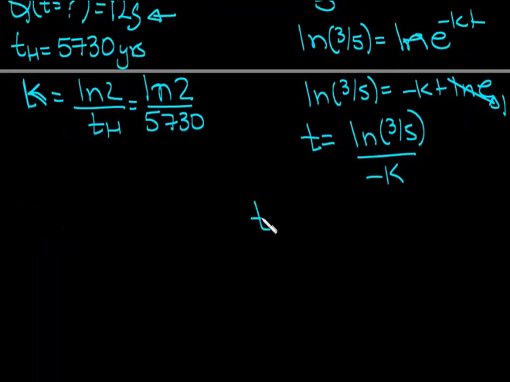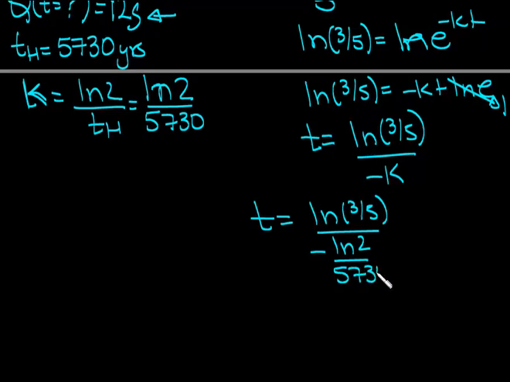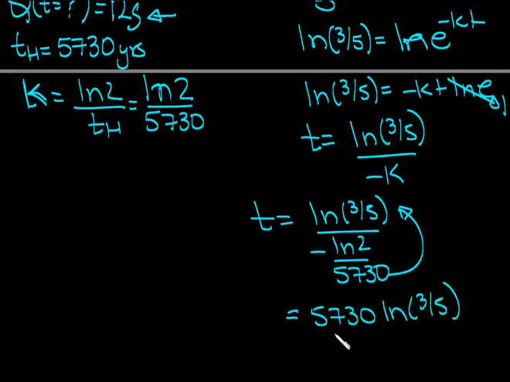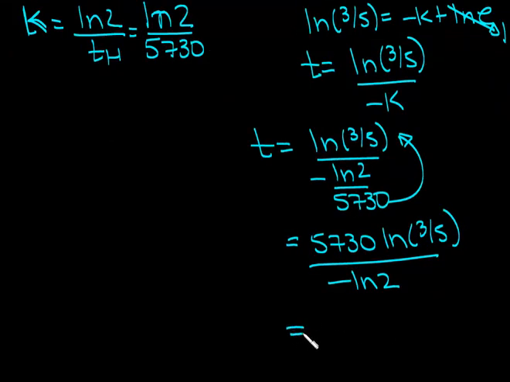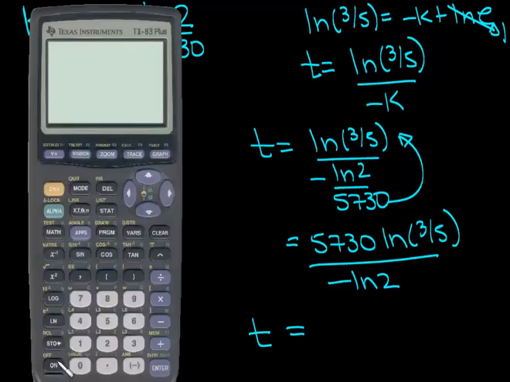So what is t then? It's ln of 3/5 divided by minus ln of 2 over 5730, and this will flip and go to the top just like I showed you before. So you get 5730 times ln of 3/5 over minus ln of 2, and that'll tell you the time it'll take for it to reach 12 grams. So let's do that on a calculator.